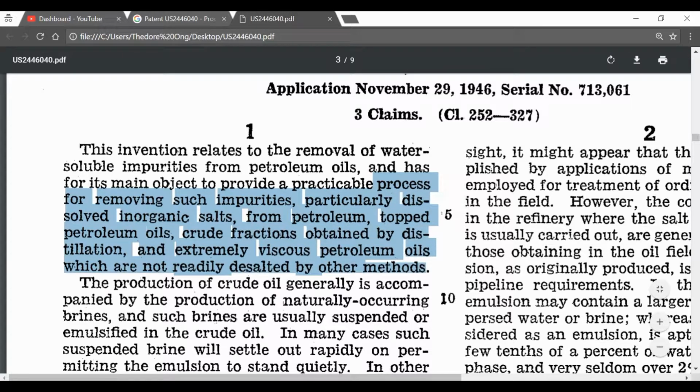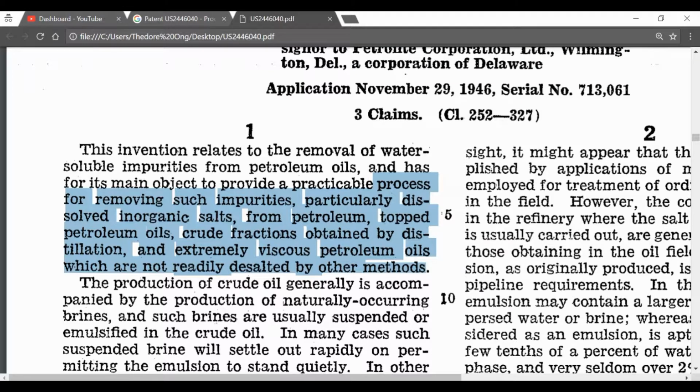So what is being highlighted here is the objective of this invention, which is basically to remove dissolved inorganic salts, basically salt, from topped petroleum oils.